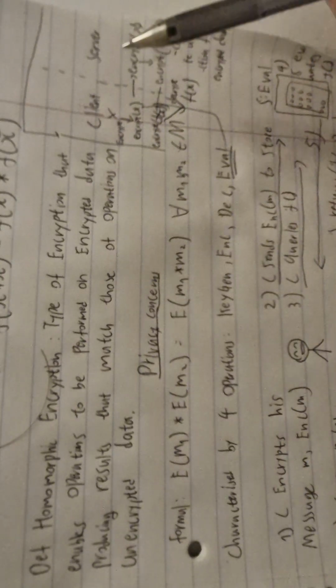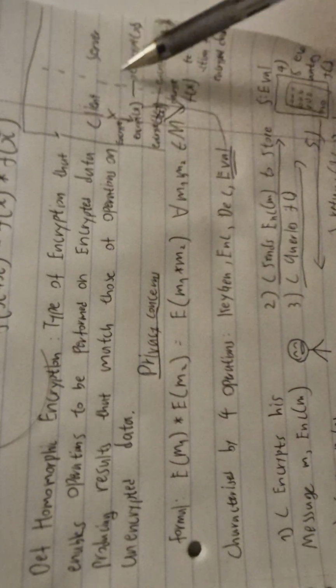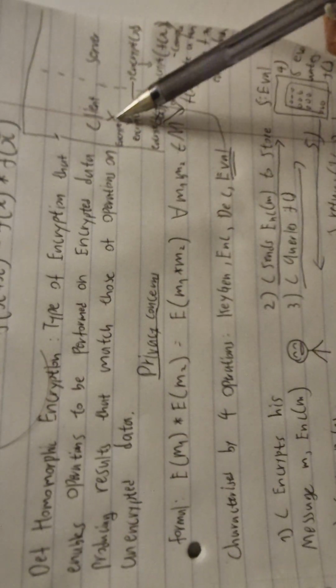However, with homomorphic encryption, you don't really need to worry about it, because what happens is, for instance, as I drew here, the client first encrypts the message x, and the encrypted message, the ciphertext, is sent to the server.